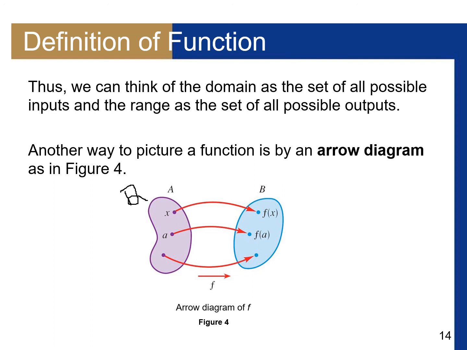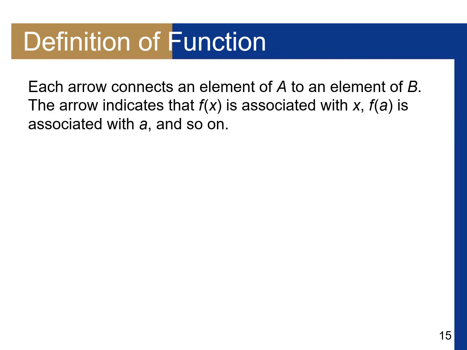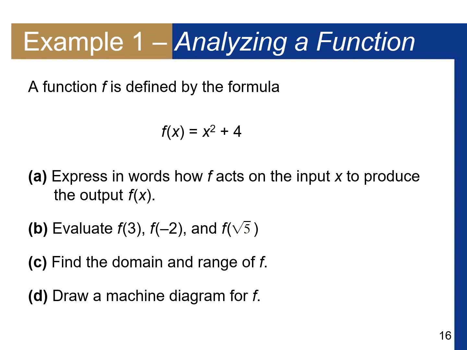So we'll just put R. Okay, so each arrow connects an element of A to an element of B. The arrow indicates that f of x is associated with x, f of A is associated with A, and so on.